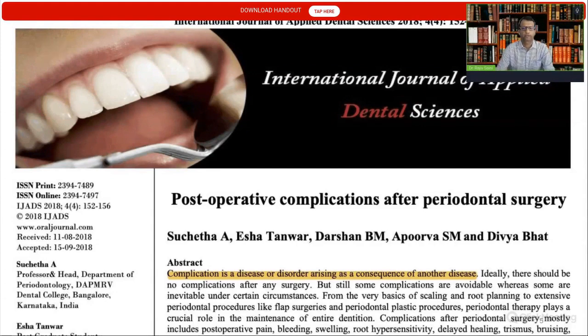They can range from minor problems like swelling and discomfort to more serious problems like excessive bleeding, delayed healing, or space infections. Understanding these potential complications is essential for dental professionals to ensure patient safety and achieve the best possible treatment outcomes.